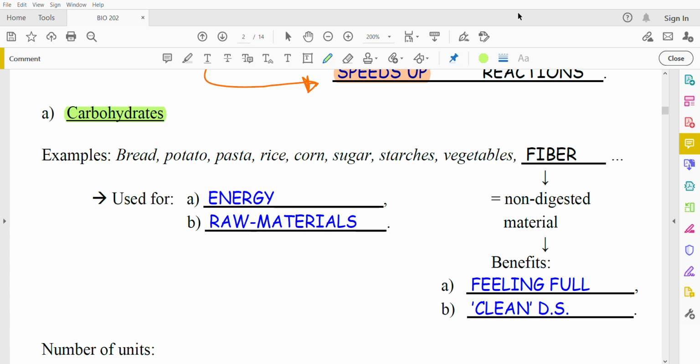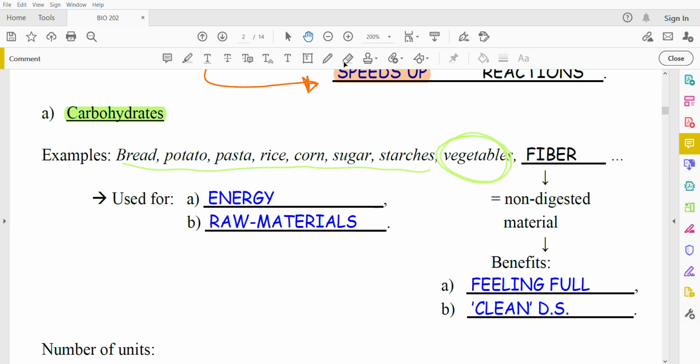It's things like bread, potato, pasta, rice, corn, sugar, starches, all that good stuff that we often think of. But that's not the only kinds of carbs that we find. We also find vegetables, especially the green leafy vegetables that are excellent sources of carbs. So often we don't think about that, but those are really good sources of carbs as well.